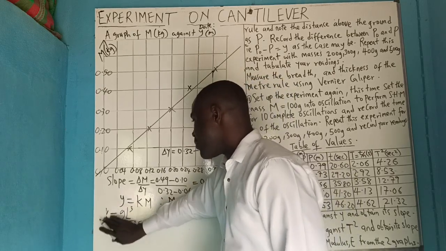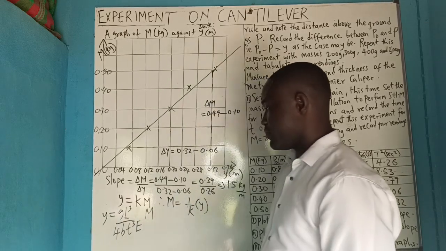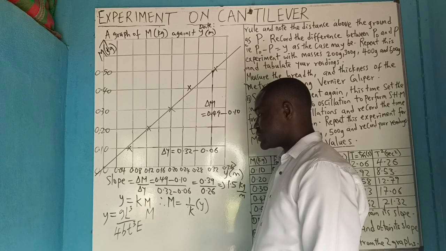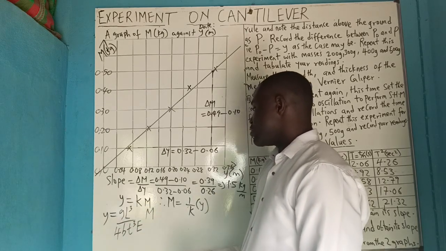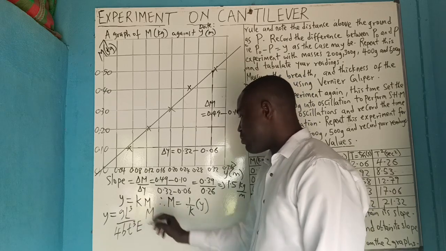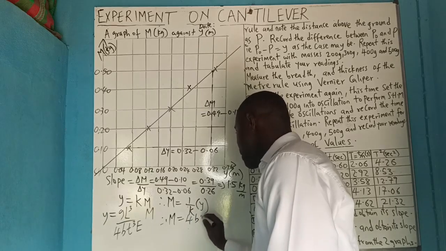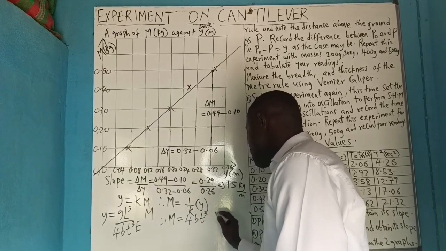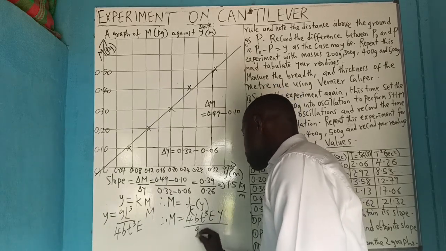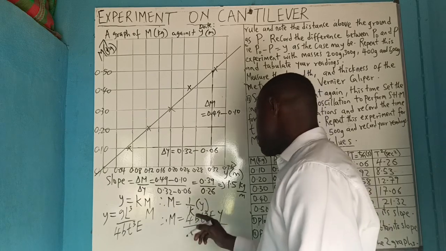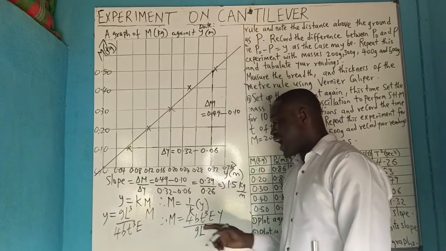That means Y is equals to this times M. We make E subject of formula. We make M subject of formula. M will be equals to 4 B T cube E Y all over G L cube. We have it this way.